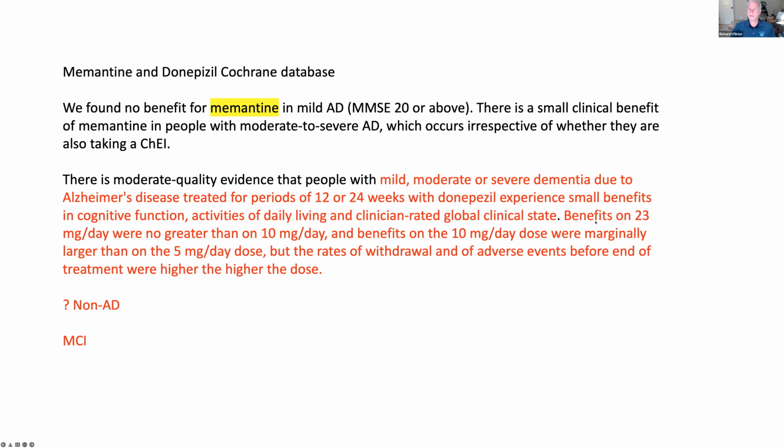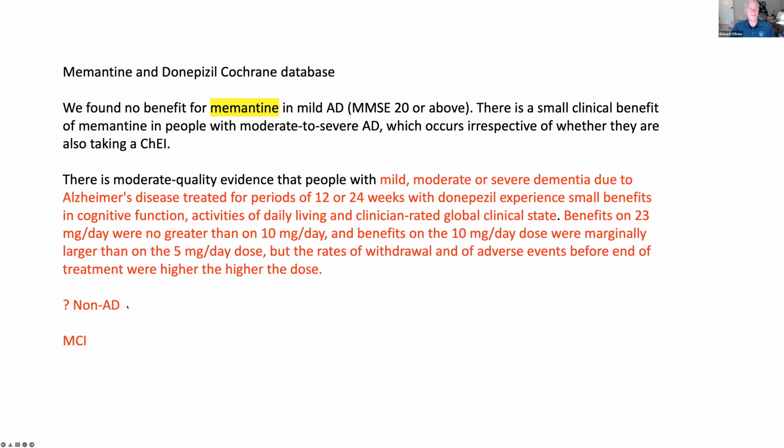And the interesting point is they said there was no data that 23 milligrams, which is available, is better than 10. And they also said that 5 was just about as effective as 10, but as we all know, has much less side effects. So for my own way of doing, I might start using more, because these benefits are teeny, like 1 point on a mini mental, teeny weeny, and I might start using a little more 5 along with Namenda.